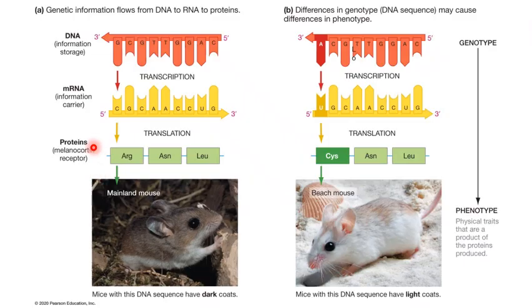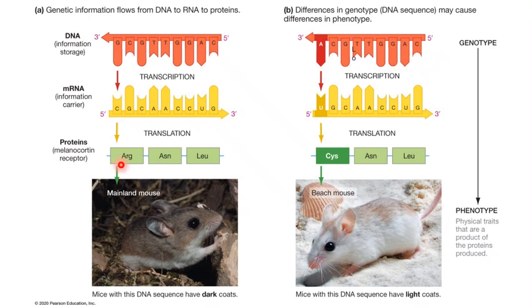The normal sequence of the protein is what's shown here on the left. That gives you a fully functioning melanocortin receptor that will accumulate pigment easily into the mouse's fur, which gives the mouse a dark coat, which for this mainland mouse helps him blend in, so that's great.